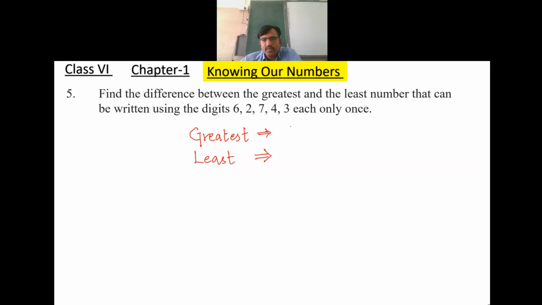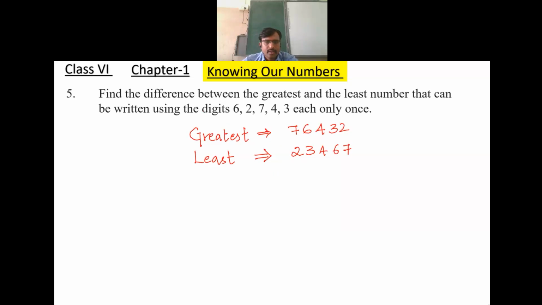Here, the greatest number will be having a larger digit followed by smaller digit. This is a larger number. A least number will be started with a smaller digit, then followed by a larger value. 2, 3, 4, 6, 7. It is exactly reverse order.